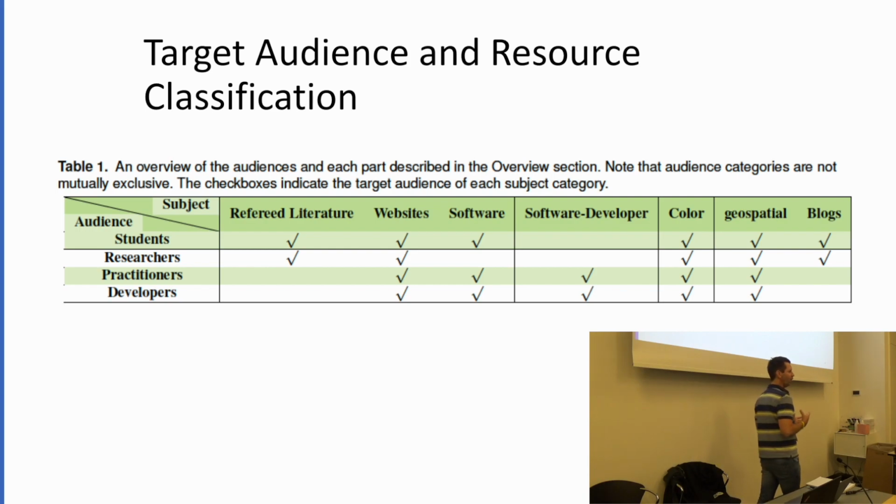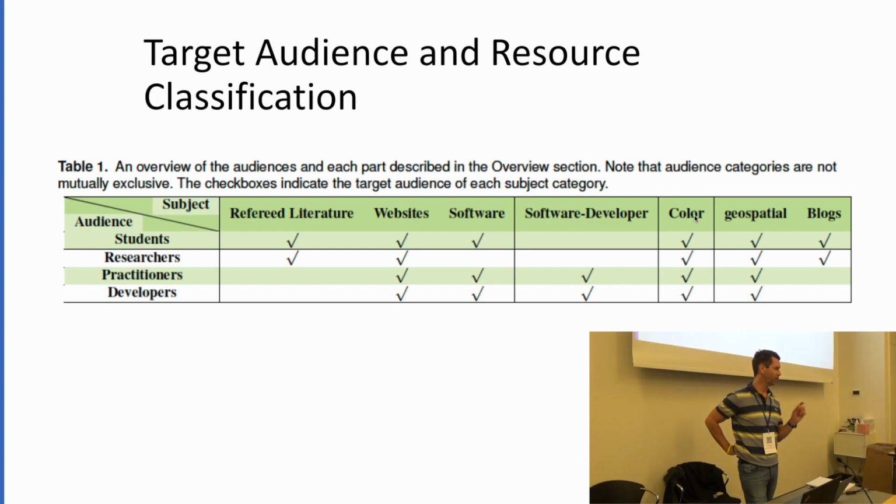And this is the overview of the resources. So we have different categories of people: students, researchers, practitioners, and developers. And we have different kinds of resources, like literature resources, websites, software developer resources, color.